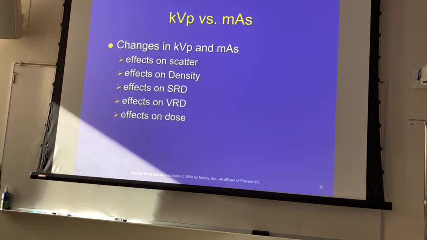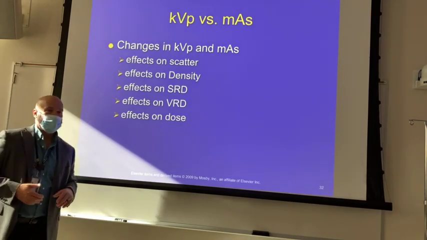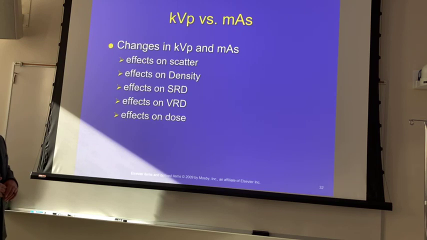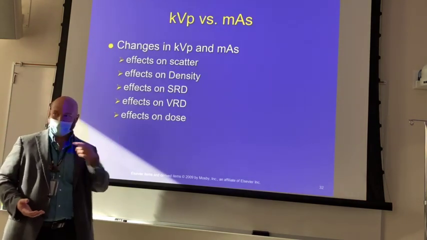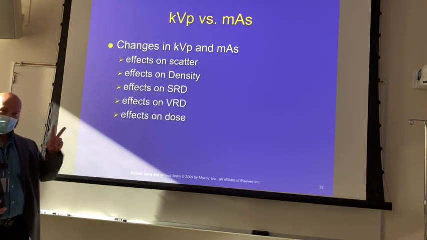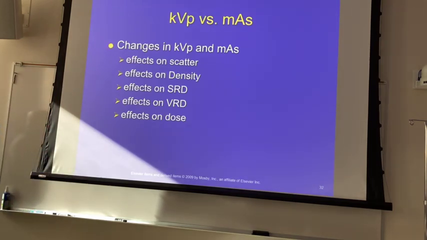So the effects on sharpness and recorded detail: mass, possible in those two different ways. kVp, none, right? Effects on visibility, kVp is all about visibility because it's all about scatter creation. But mass, only in two extremes. That's extreme overexposure and extreme underexposure.